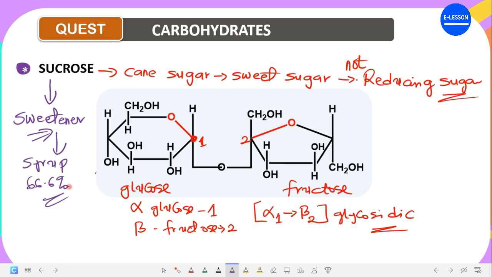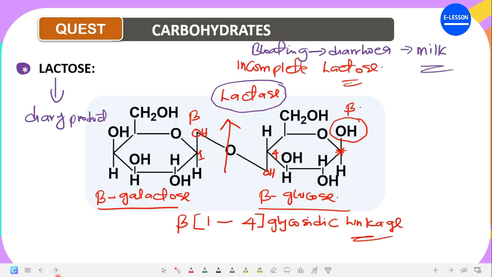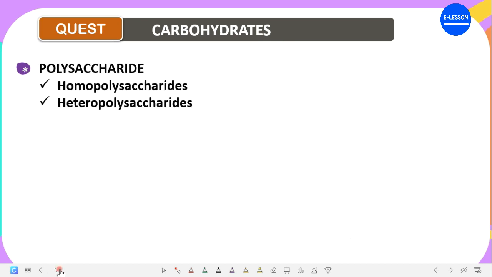Those of us in pharmacy are going to learn this in second semester. Syrup contains 66.6% and is mostly used as a sweetener in pharmaceutical products. Okay, so that is that for sucrose. I believe we've touched everything about sucrose, and then lactose also. We talked about everything about lactose. Is there any other one again?